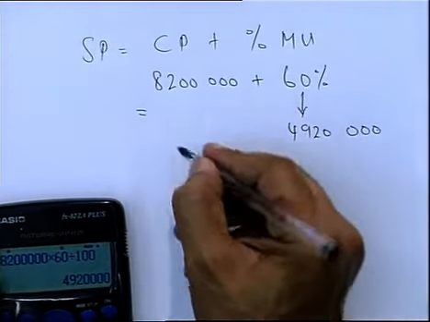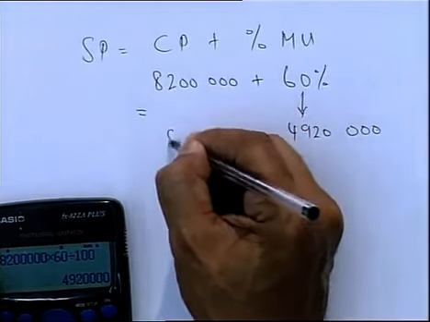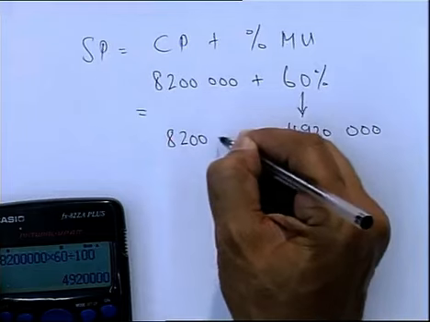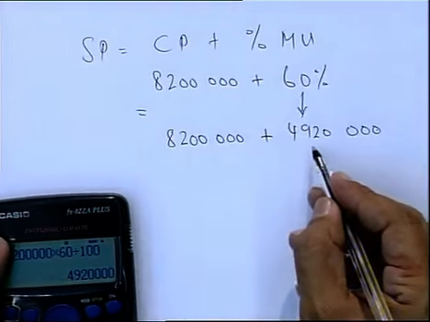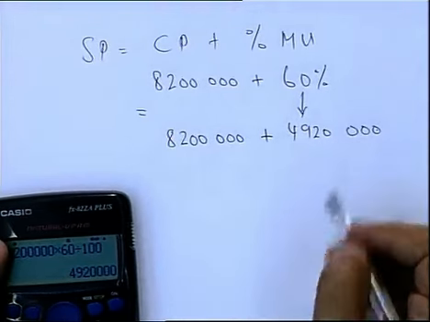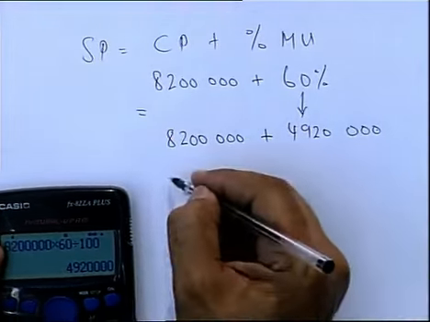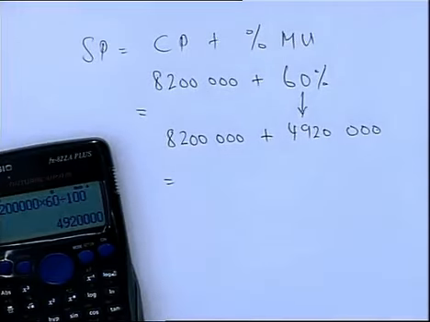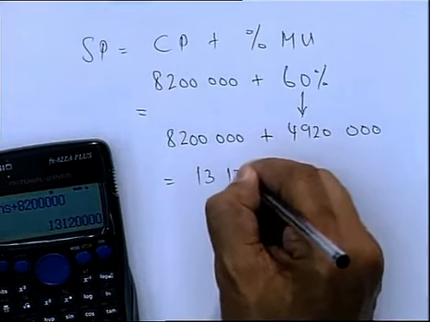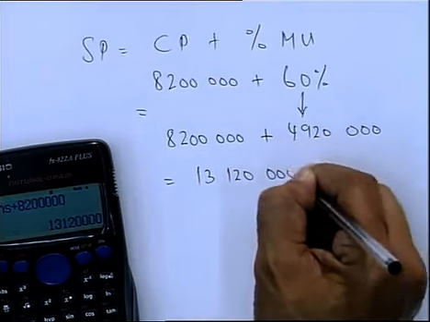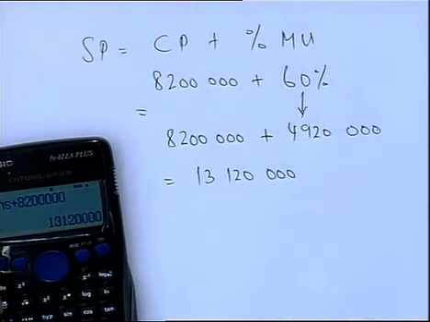Therefore, in order for us to get the selling price or the sales, it will be 8,200,000 plus 4,920,000. Okay. That will give us 13,120,000. That will be the sales.